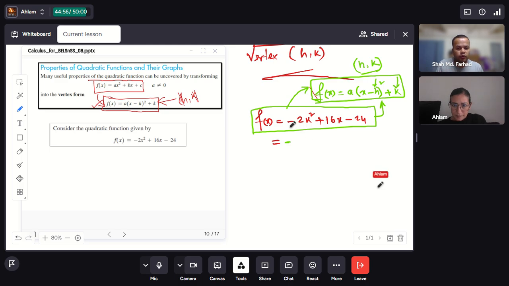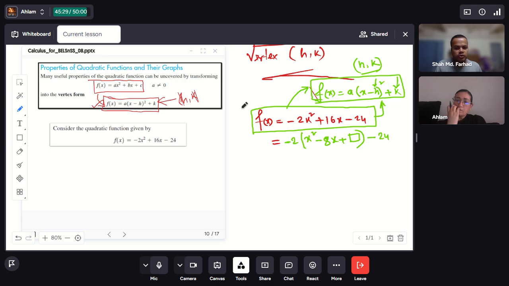We can take negative 2 common, then it will be x squared minus 8x, then plus something we have to put here, and then minus 24. Okay, that means we have to convert it into a perfect square.